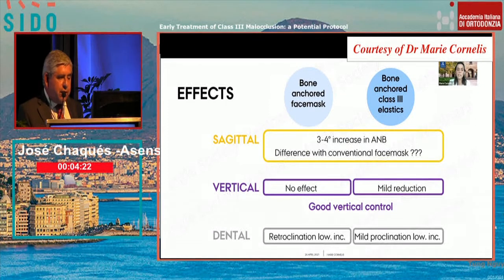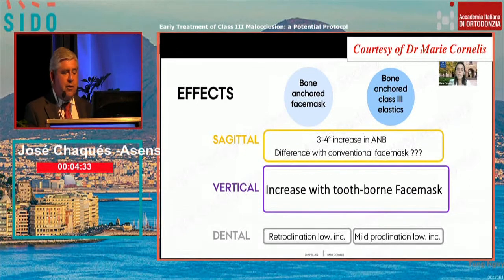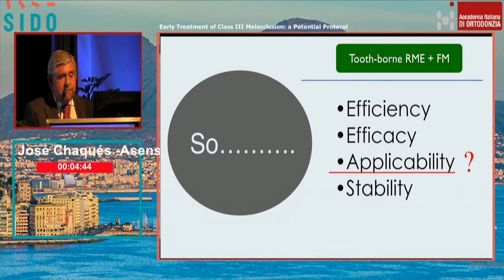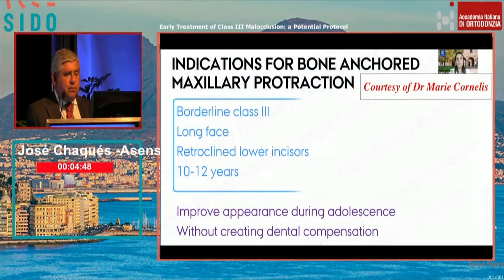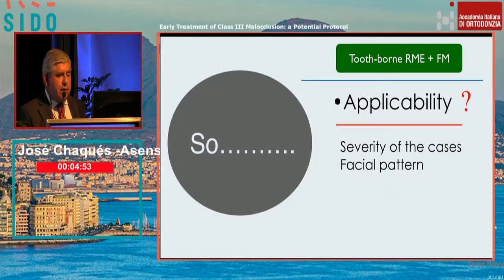But regarding the vertical, we have to admit that if it is true that the vertical is better controlled with the skeletal anchorage, then we have room there for an indication, because we all know that there is an increase of the lower facial height with a tooth-borne face mask. So in terms of applicability, maybe for those patients with a long face would be clear indicators for use of skeletal anchorage.